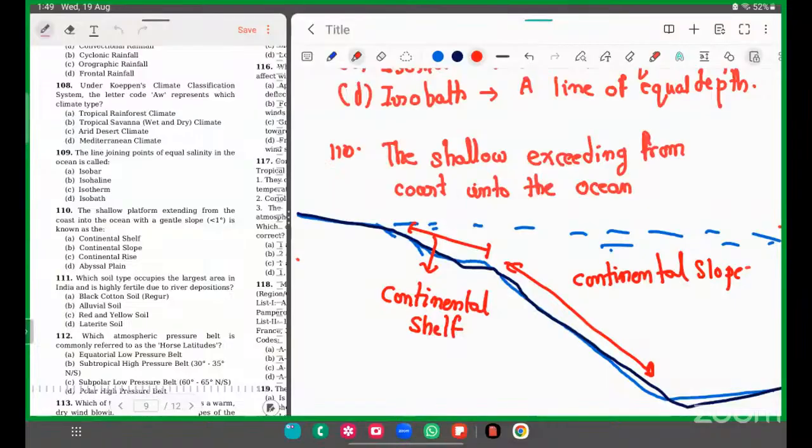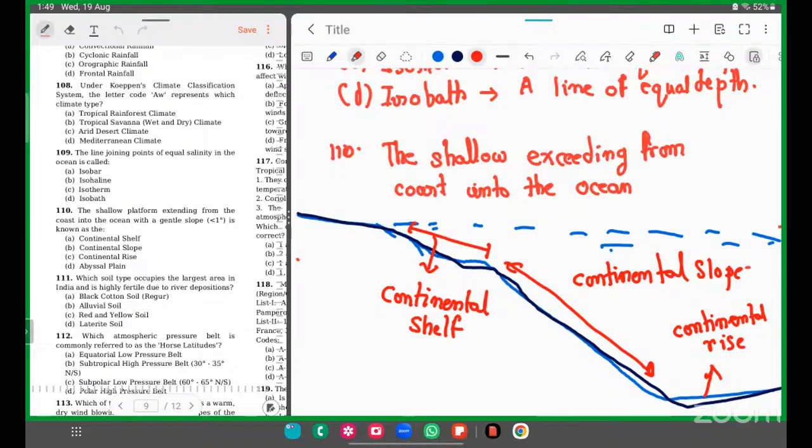And the other option is continental rise. This is known as continental rise, and the other one is abyssal plain, which means the plain area of the ocean floor.